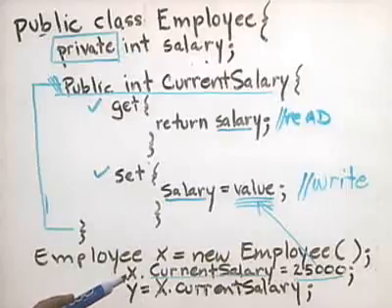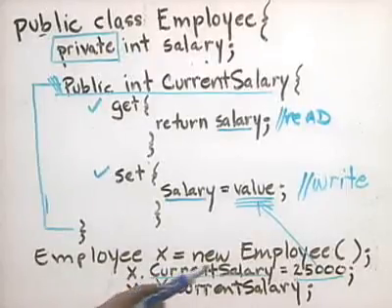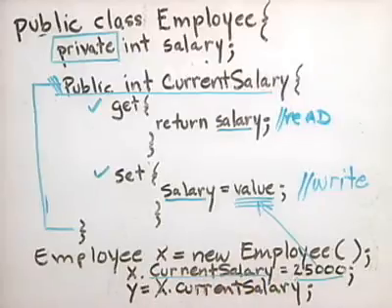I know that I'm calling the setter or the set component because of how this call is configured. So what I'm doing is I'm attempting to write or make a change to the current salary. In the next example, what I'm attempting to do is simply get or read the current salary.